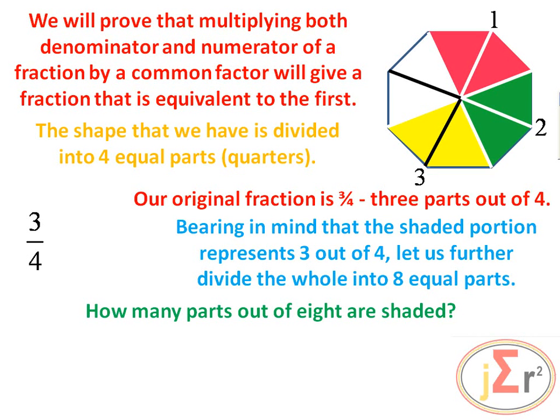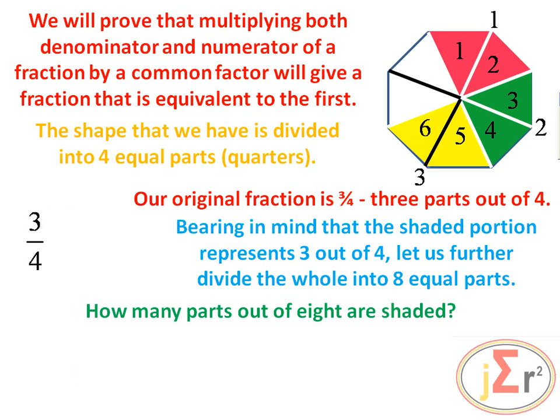Right, so we have that divided into 8 equal parts, and the number of equal parts that are shaded are 6. How many parts out of 8 are shaded? 6.